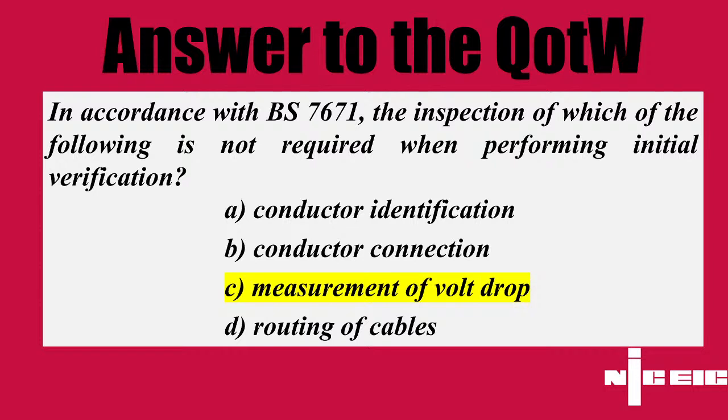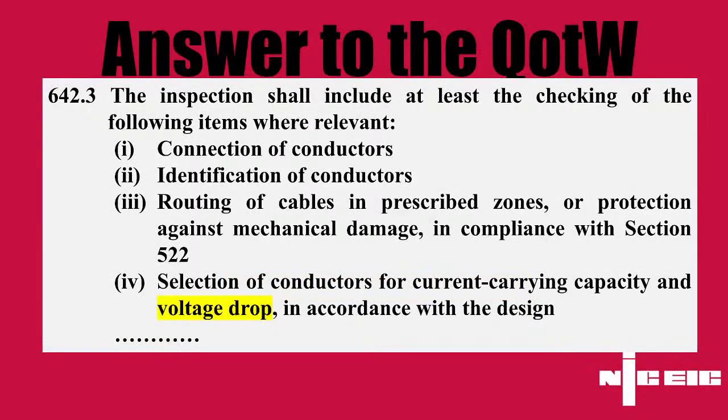Although regulation 642.3 states that initial verification shall include the selection of conductors for current-carrying capacity and voltage drop in accordance with the design, it doesn't actually require a measurement of voltage drop.